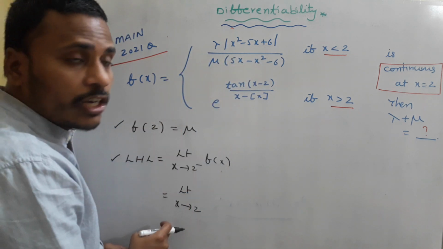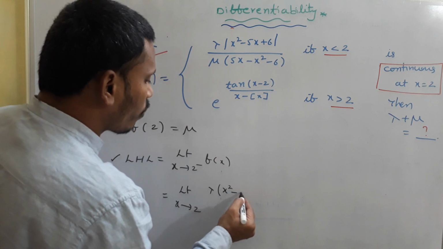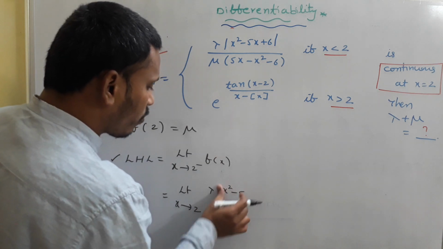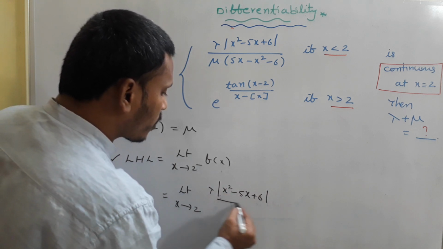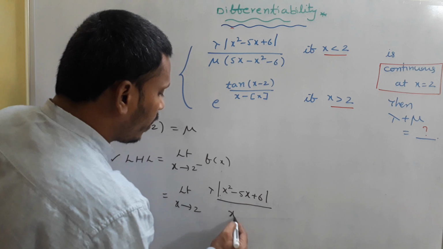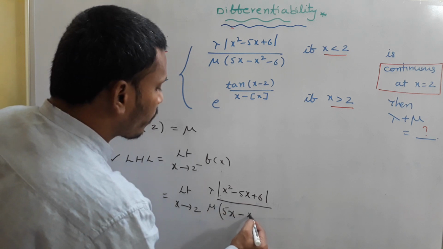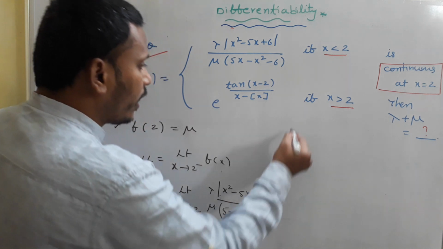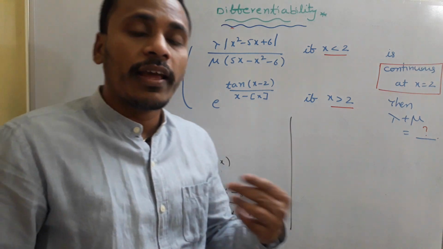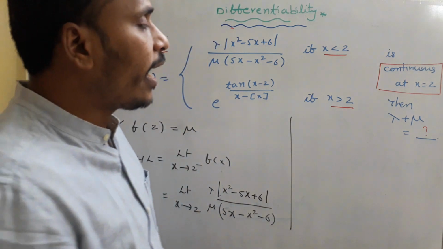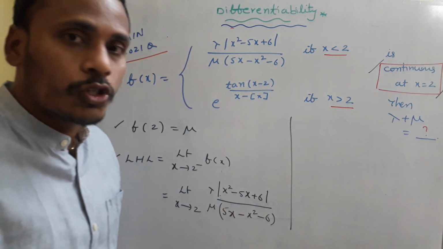So limit x tending to 2 of lambda times modulus of x square minus 5x plus 6, divided by mu times (5x minus x square minus 6). I am just trying here to find the left hand limit. After that I will find the right hand limit. At the end we need to equalize those three since the function is continuous at x equals 2.